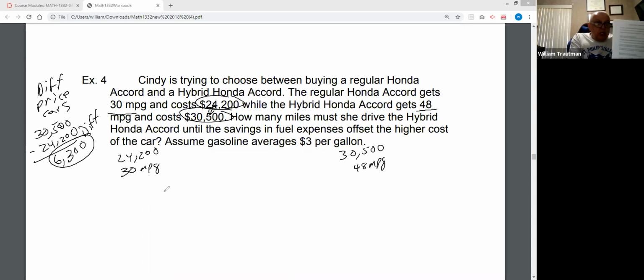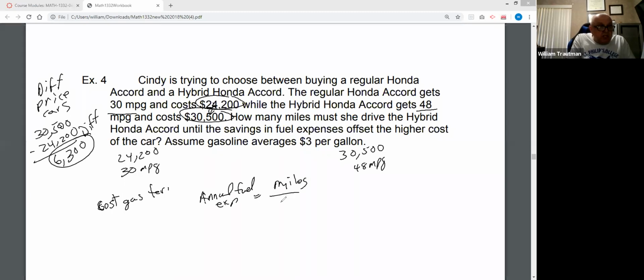Well, we're going to still use that cost of gas formula. Once again, annual fuel expense equals the annual miles driven divided by miles per gallon times the price.